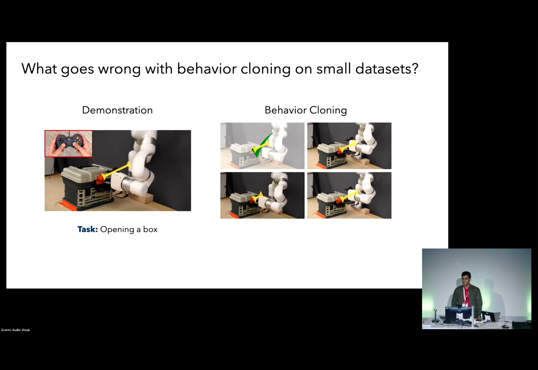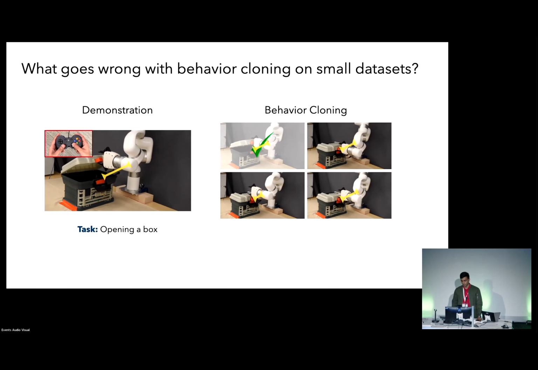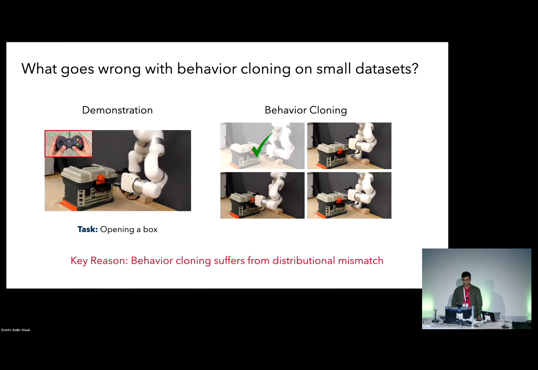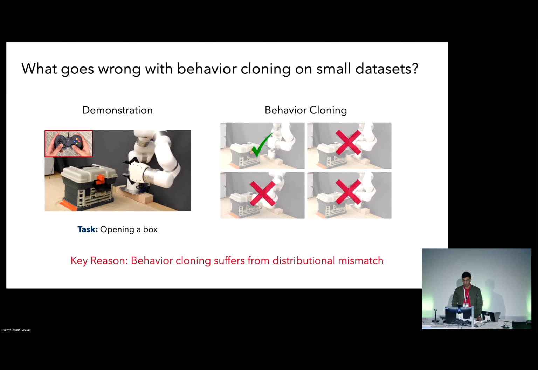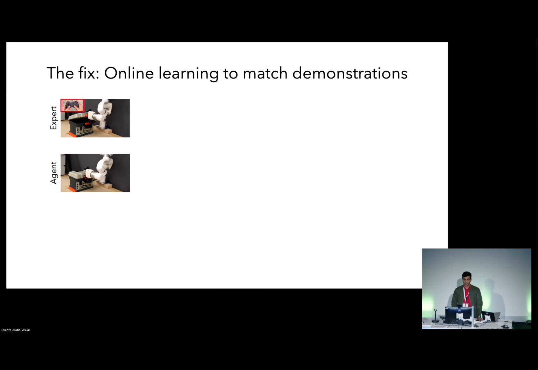However, if the initialization deviates even by a little amount, the policy struggles, and this is a common problem in behavior cloning referred to as the distributional mismatch problem. So a fix for this is that you can just do online learning to fine-tune this policy and make it work on whatever task you're performing.